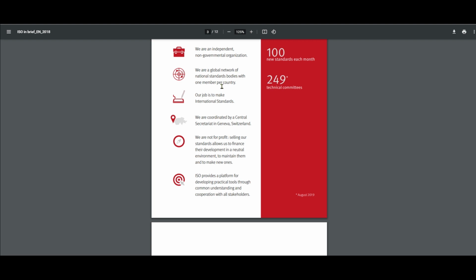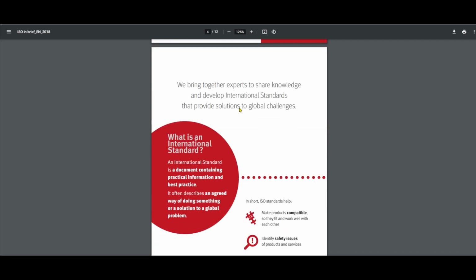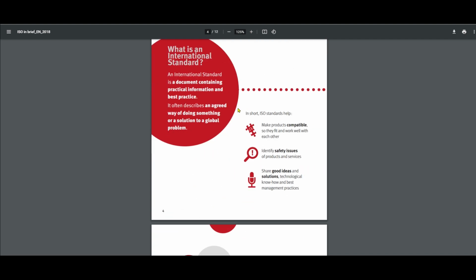It has a global network of national standards bodies with one member per country. Our job is to make international standards. In short, standards help make products compatible so they fit and work well with each other, identify safety issues of products and services, and share good ideas and solutions.